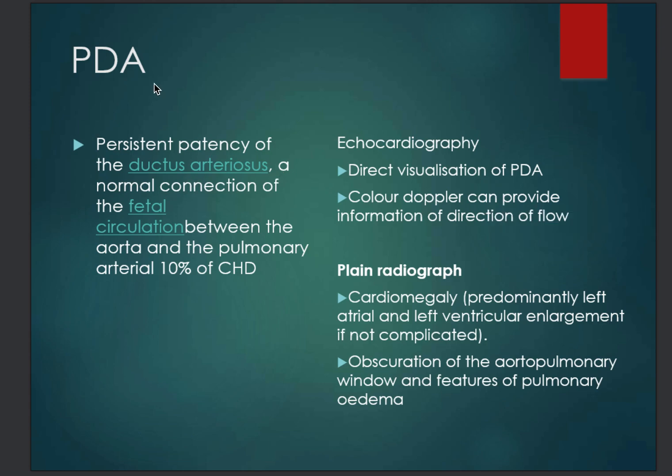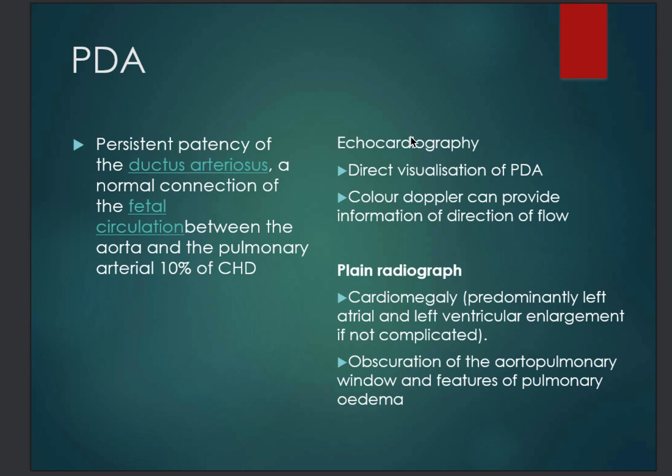PDA is the persistence of the duct between the aorta and the proximal left pulmonary artery. Hemodynamically it is similar to the VSD, where the blood is shunted directly to the pulmonary arterial tree. So the right atrium and right ventricle will not see this excess amount of blood, but the left side will see the excess volume of blood.